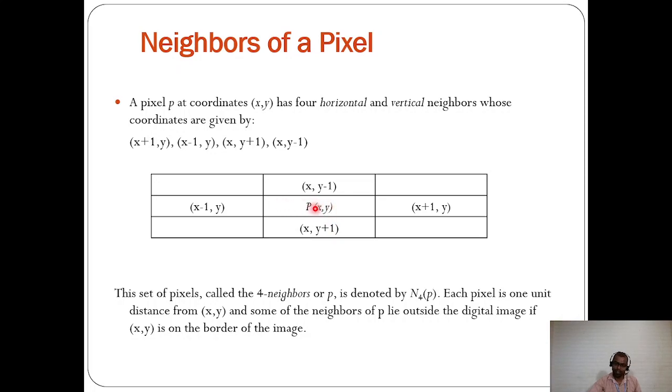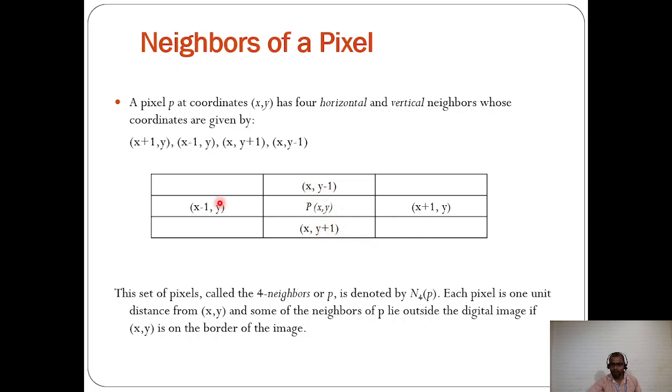Suppose this is a pixel, we can take any pixel p of x comma y. There are top and bottom values and left and right values. Suppose this is p of x comma y, then here the value is x plus 1 and y, this value is x minus 1 and y, and the top and bottom values are x comma y minus 1 and x comma y plus 1.